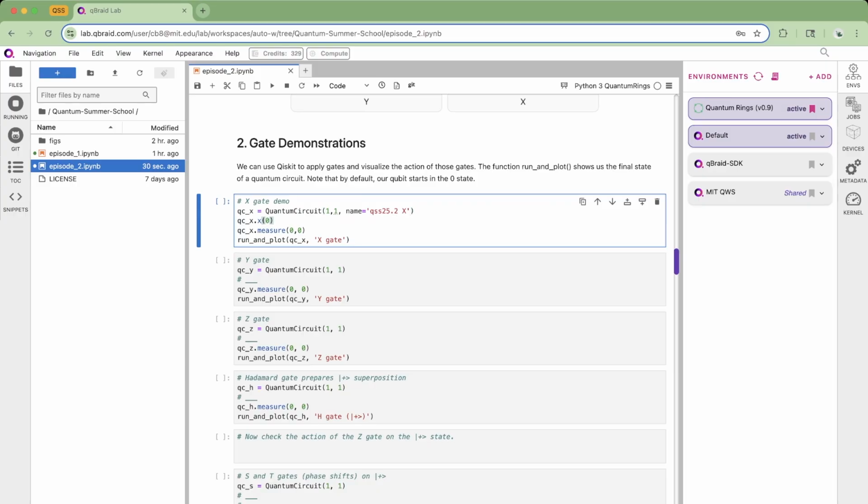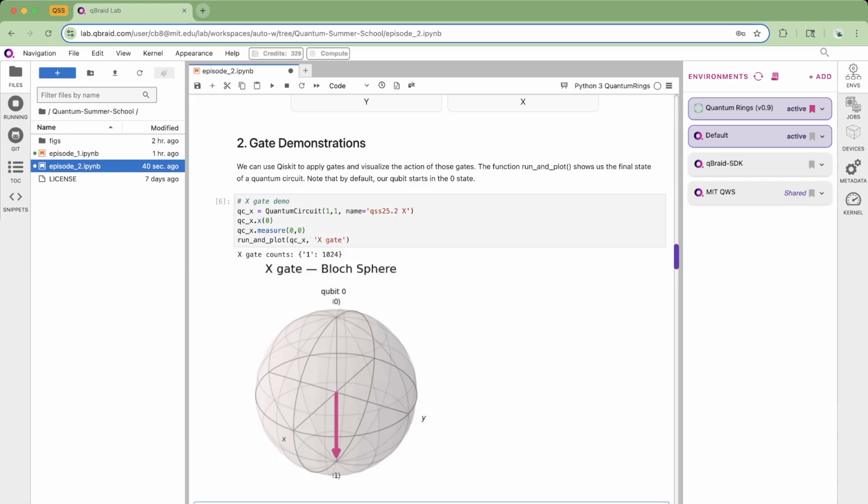For the X gate, we can have a quantum circuit with 1 qubit and 1 classical bit. Then we apply an X gate, and measure qubit 0 to the 0th bit in the classical register. We already know that this is going to flip our 0 state to our 1 state.